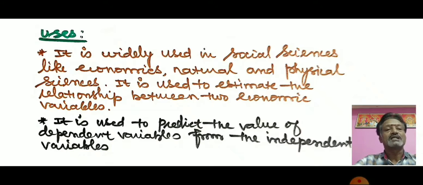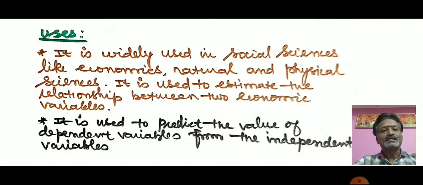There is some sort of relationship between income and expenditure. So under regression, we are studying the average relationship between income and expenditure. And whenever an individual's income increases, what will happen to the expenditure pattern of the individual, that also we can study with the help of regression. So regression is very much useful in social science research.